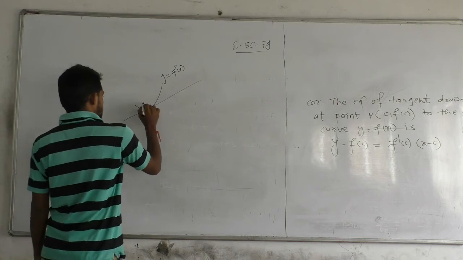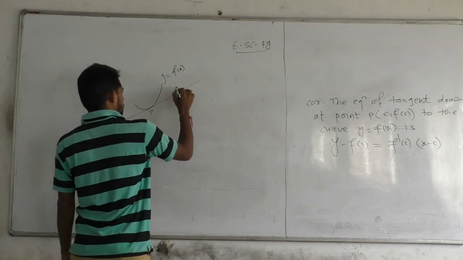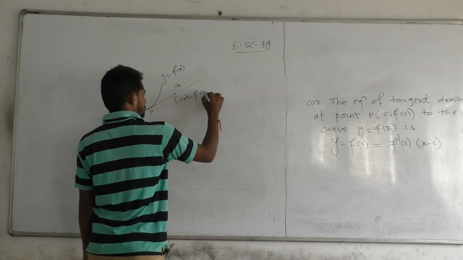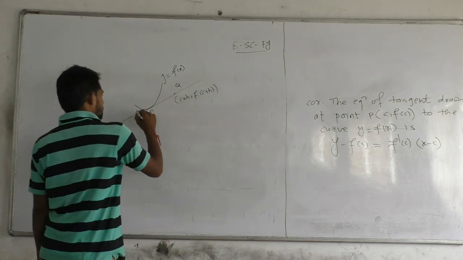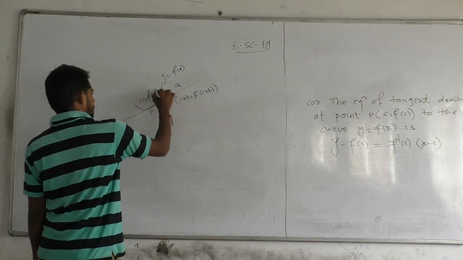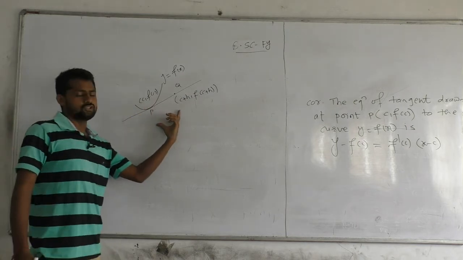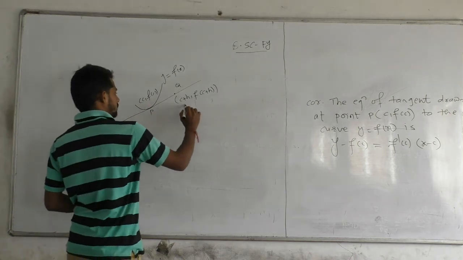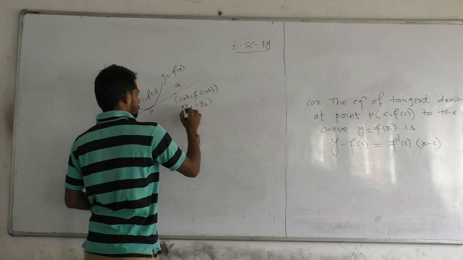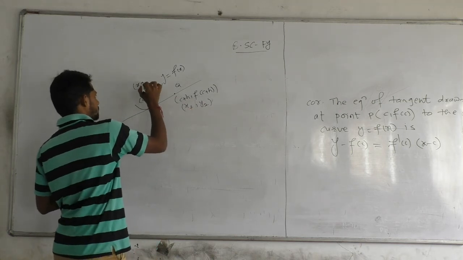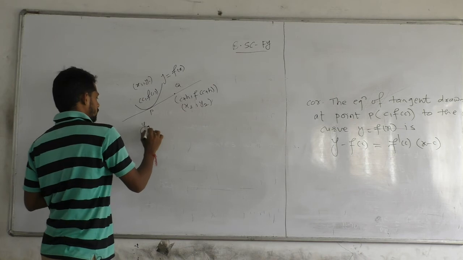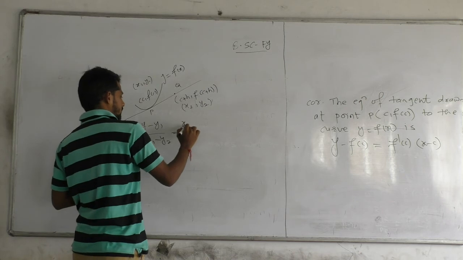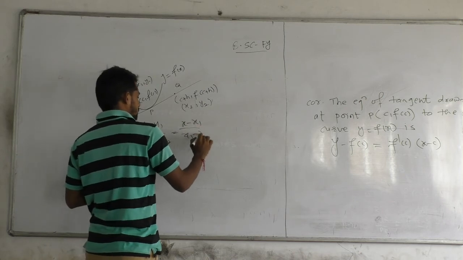Now we have 2 points, P and Q. Q is c plus h comma f of c plus h, and P is c comma f of c. If we have 2 points on a line, we can calculate its equation. If this is x2, y2 and this is x1, y1, then the equation of the line is y minus y1 divided by y1 minus y2 is equal to x minus x1 divided by x1 minus x2.